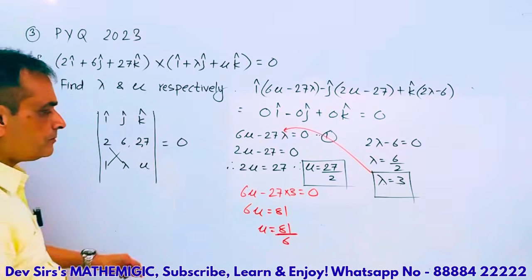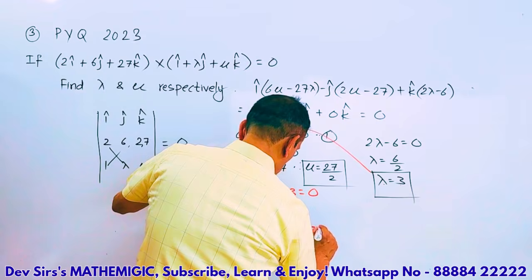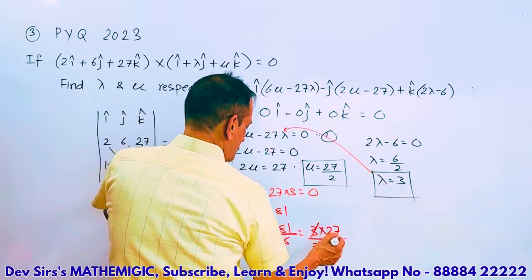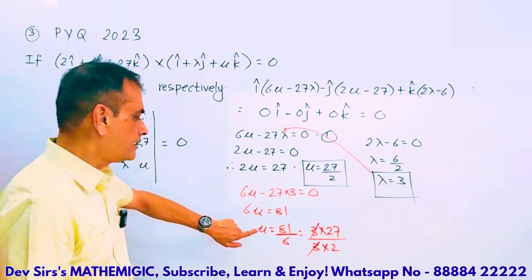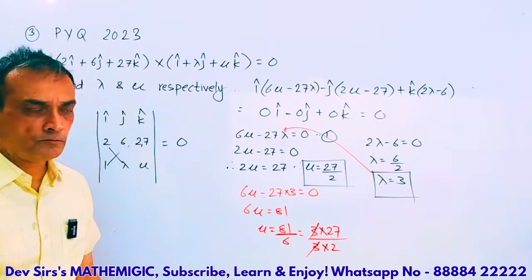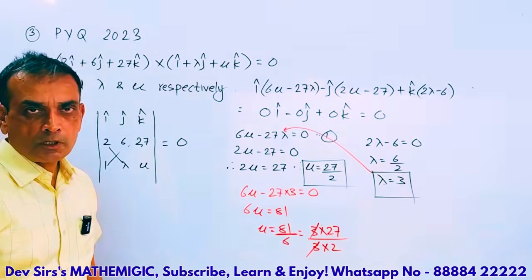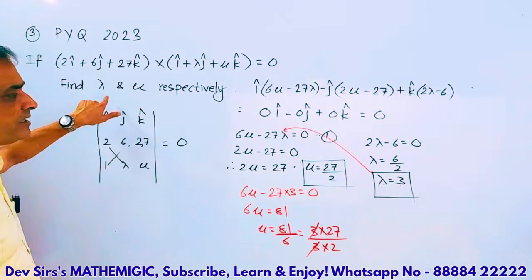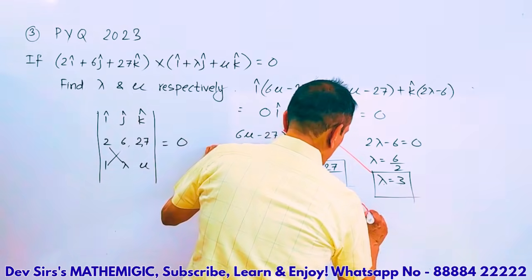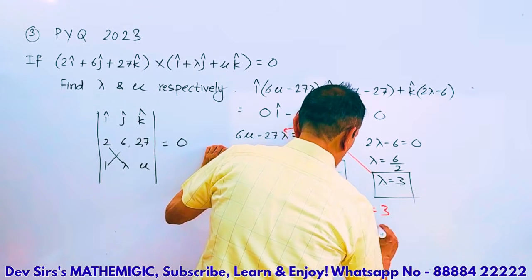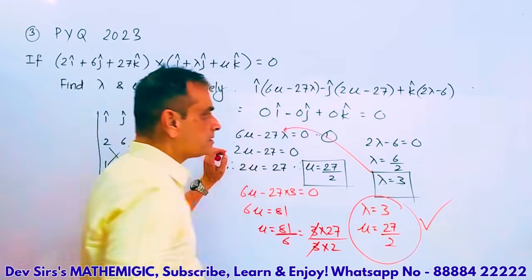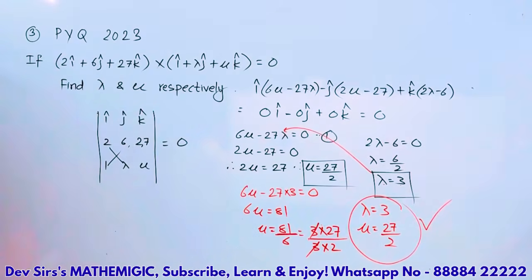Reduce 81 upon 6, you get back the same thing. Mu is equal to 27 upon 2. Okay, so you have to take the final answer as per what the question asked. Find the value of lambda and mu. So lambda equal to 3, mu equal to 27 upon 2. That was the final answer. 4 choices were given. This was the answer.